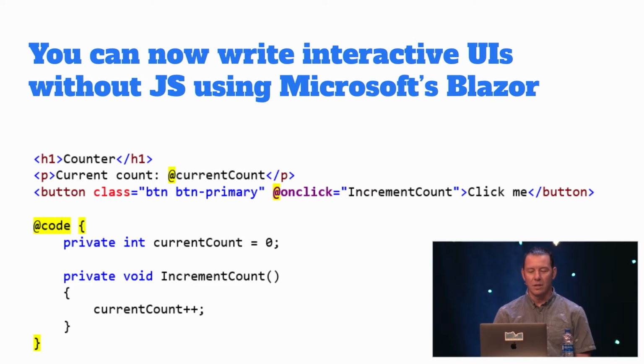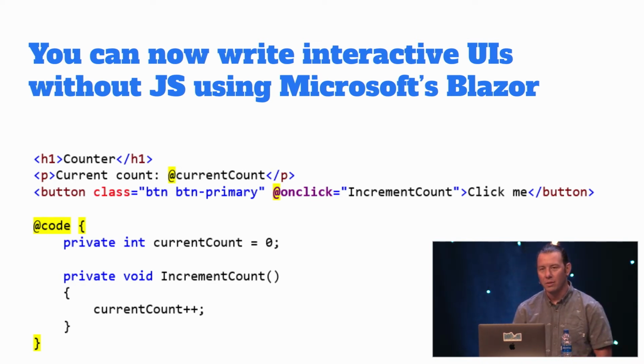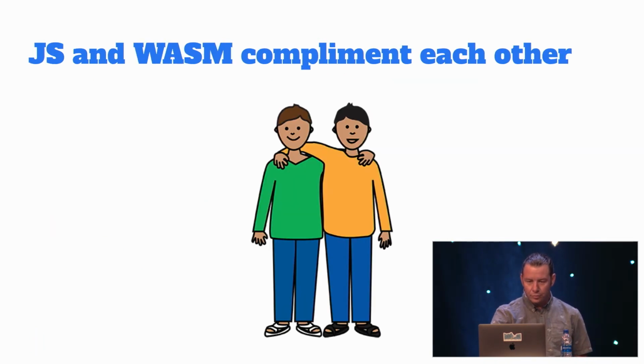You write code in one language, and it runs on the server and in your browser, and you're not maintaining multiple code bases. This is what people have been trying to do and have successfully done with Node and JavaScript, but now you can do this with other languages if you want. But I don't think that's the major use case we're going to see.